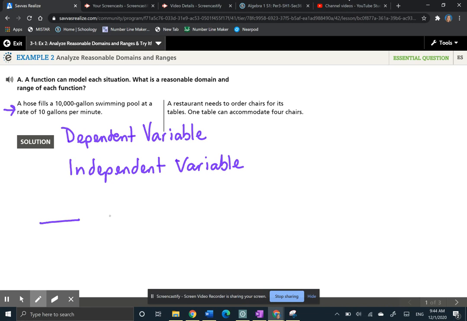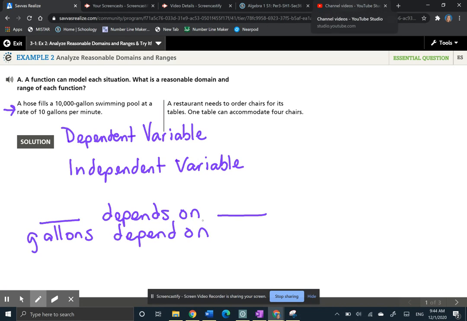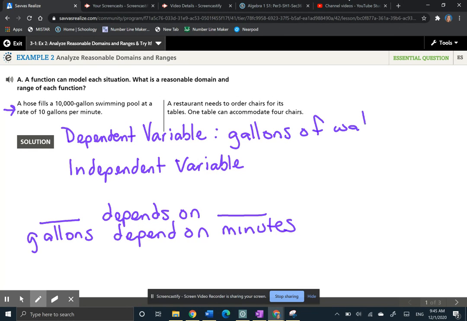So that means the dependent variable is the gallons of water, and the independent variable is your minutes.